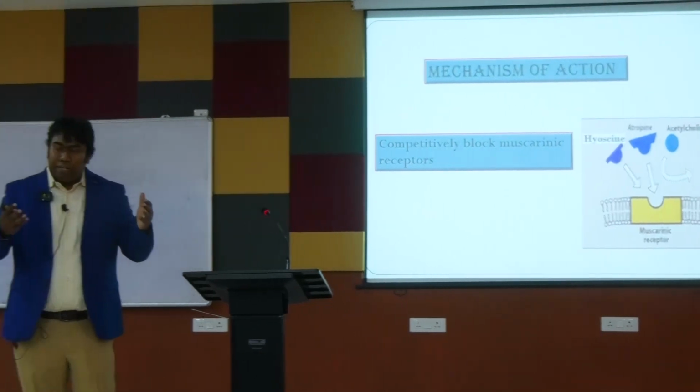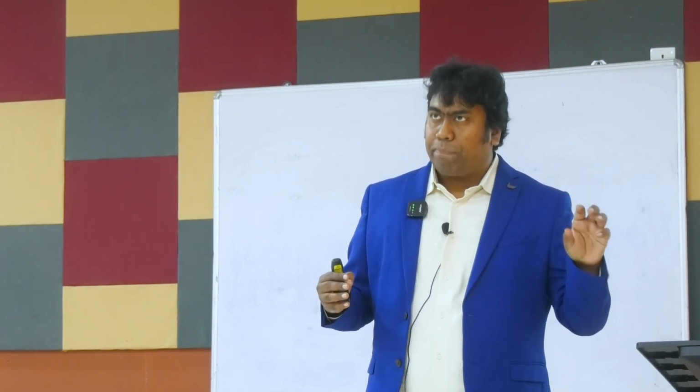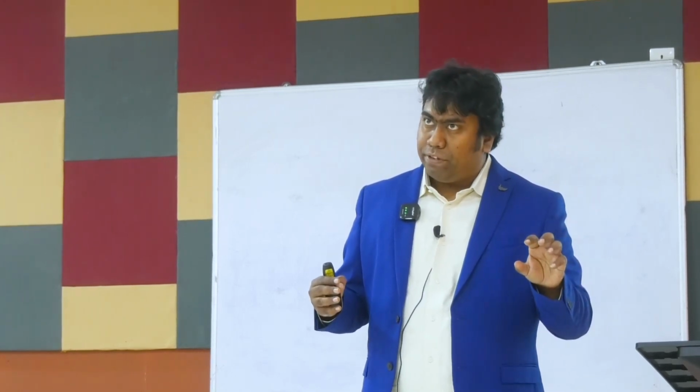Now if we increase the concentration of acetylcholine, what happens? Do they overcome this effect? For competitive, if we increase the substrate, that means acetylcholine, it will overcome the effect of atropine. In the case of non-competitive, it will not. So atropine and other muscarinic receptor blockers are competitive.